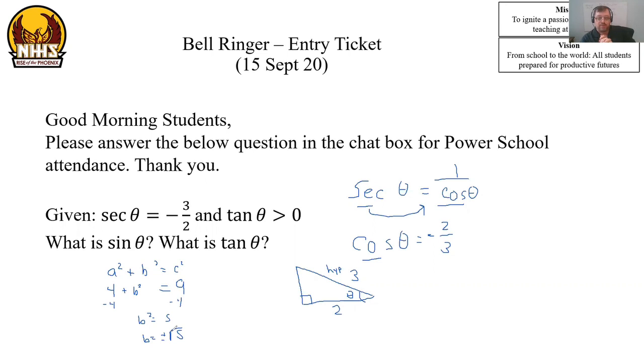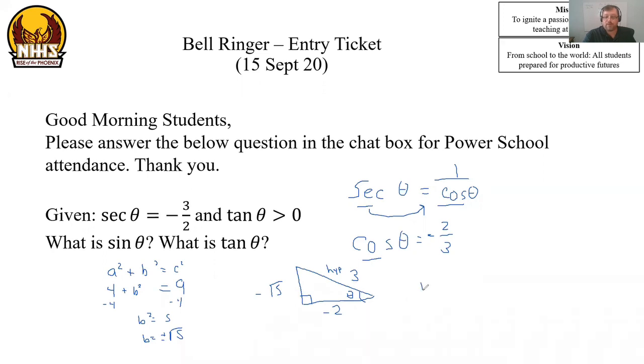So let's think about this. If I know that this value here is the square root of 5, and I know that this is a negative number, because I left that to be positive, you could choose either way, then this has to be negative, because tan is opposite over adjacent. So that makes it positive.